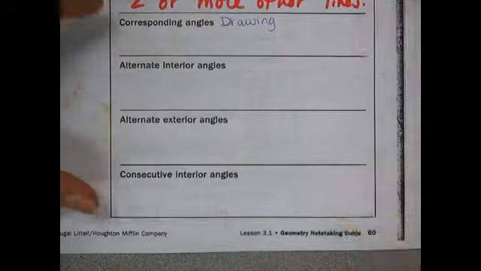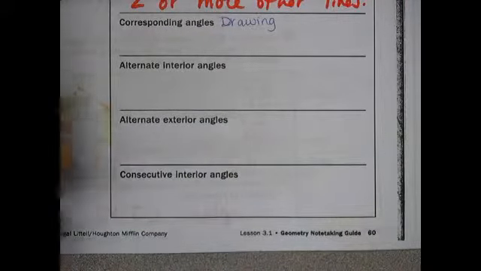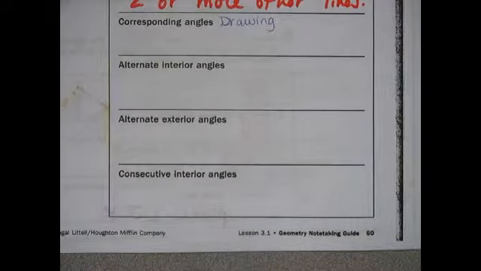But can you please label, either if you want to label angles with numbers or with letters, but I want a picture of what corresponding angles would be. Then the same thing, a picture of what alternate interior, alternate exterior, and consecutive interior would be. And I want you to do this without flipping back. See if you can test your knowledge on that.